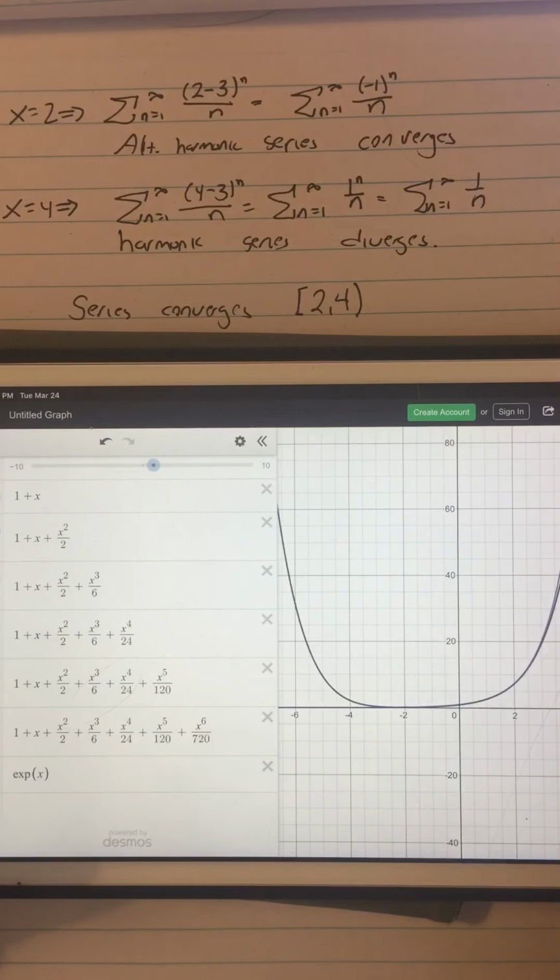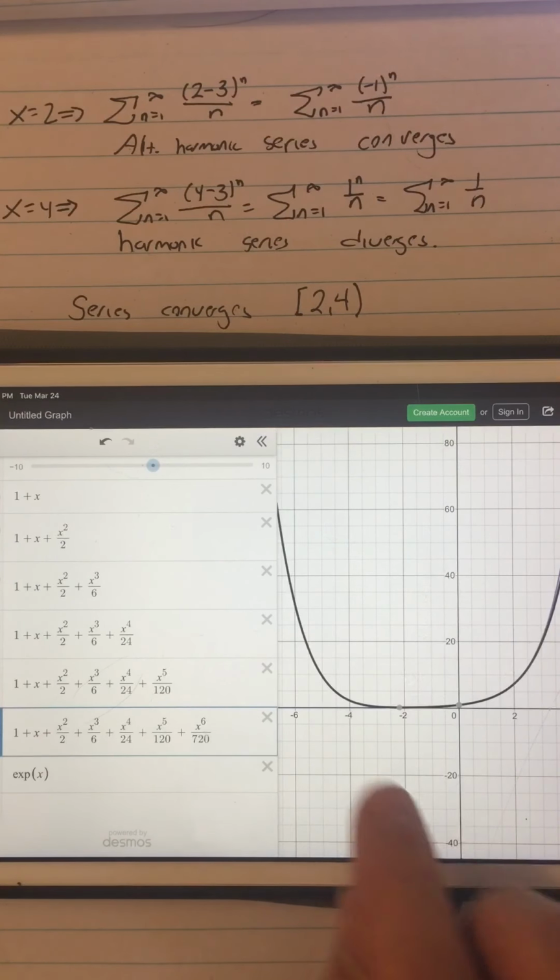So if we compare it to that e to the x, here's 2 terms: first degree, second degree, third degree, fourth degree, fifth degree, sixth degree. So it's starting to match better and better.